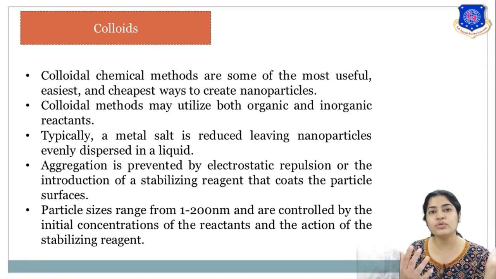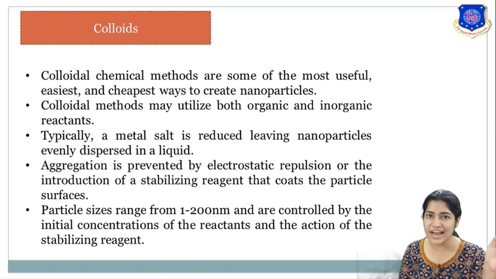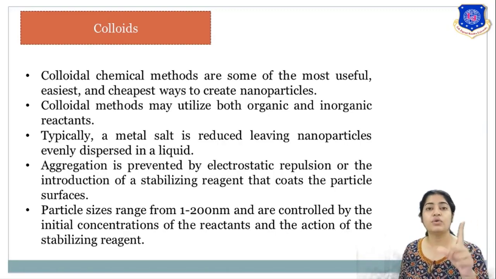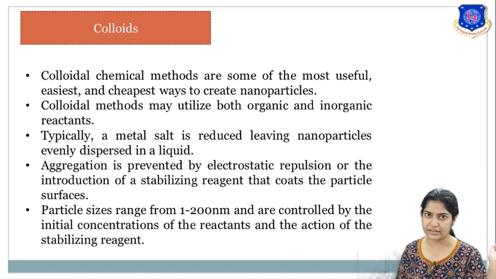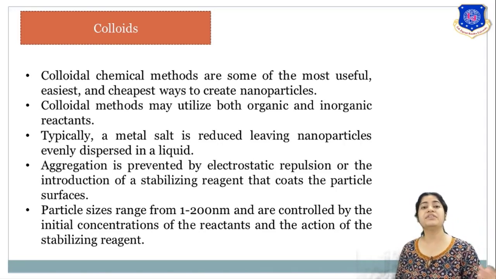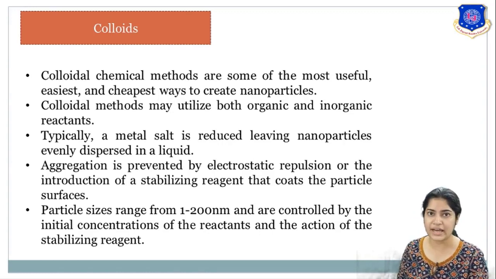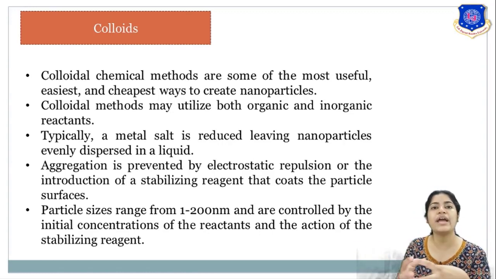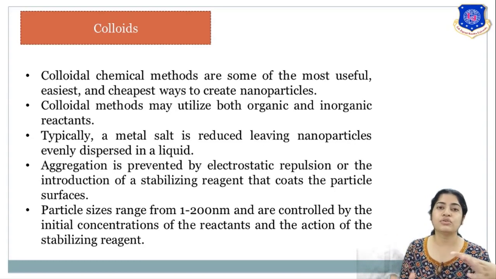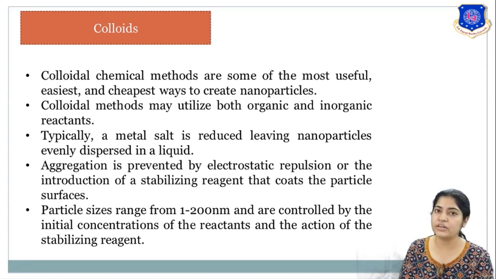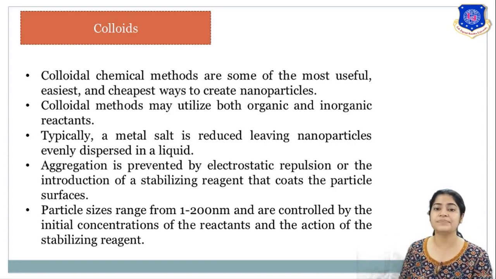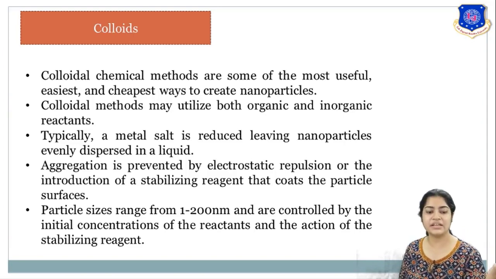So if you want to control the size of your nanoparticle, what you have to do? You have to control the initial concentration of your reactant. Try to understand it this way. If the concentration of reactant is very high, it's but natural that they are going to agglomerate together. So the concentration of reactant is important for your desired nanoparticle size, and so is the amount of stabilizing reagent you need to use.